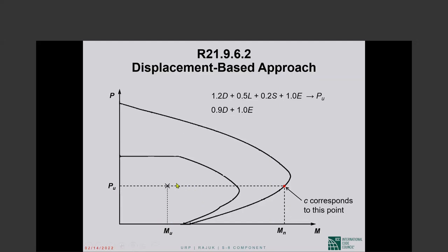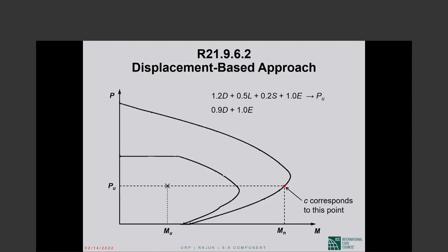The important thing is we do not calculate our C for the combination of P sub U and M sub U. We figure out the nominal moment strength at the critical section at the base corresponding to the P sub U coming from the additive seismic load combination acting on our shear wall.